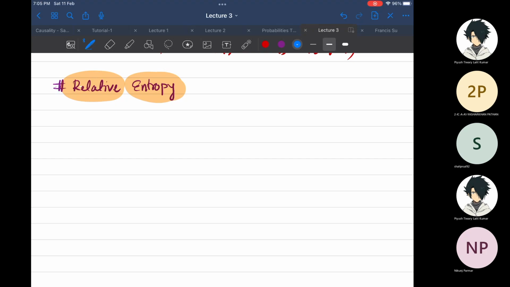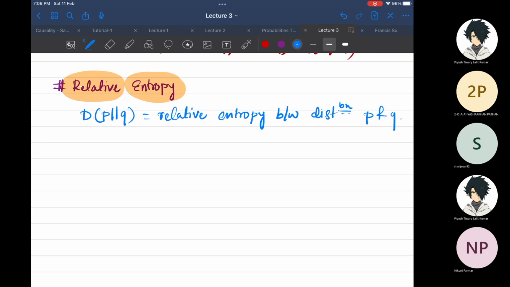It is denoted by D P Q. This is just a notation. This is the relative entropy between distributions P and Q. Let me define how it is defined.